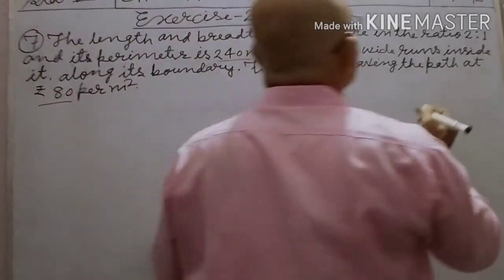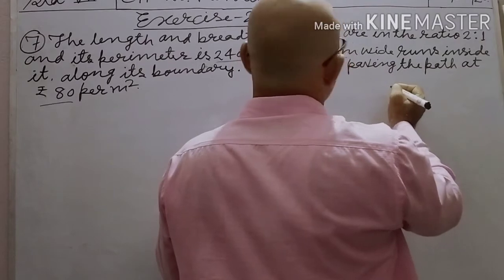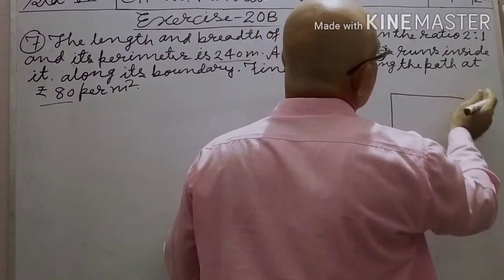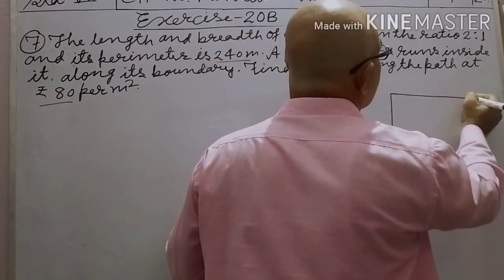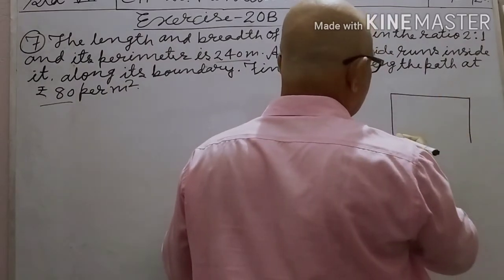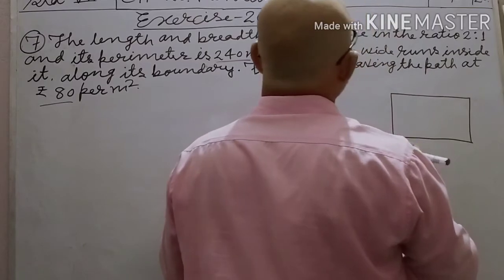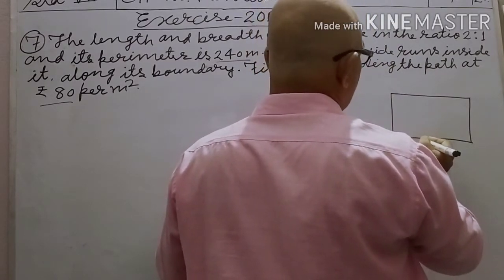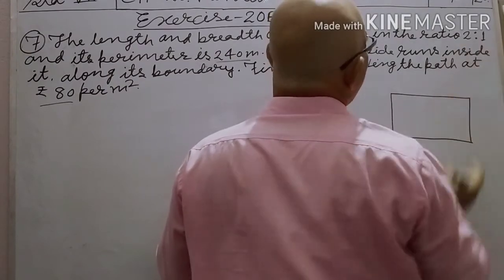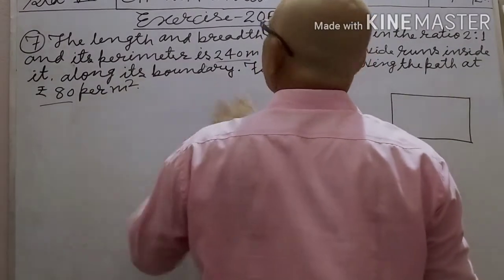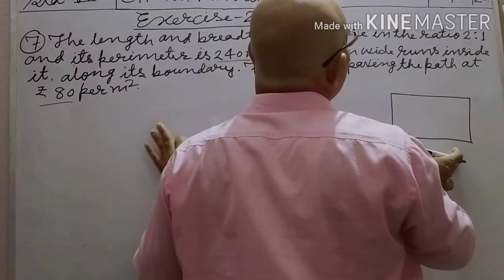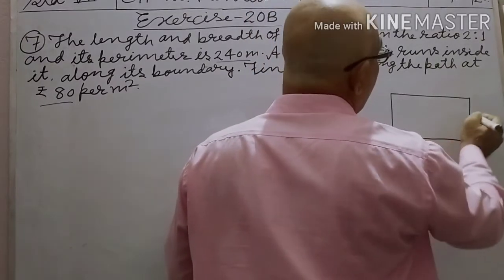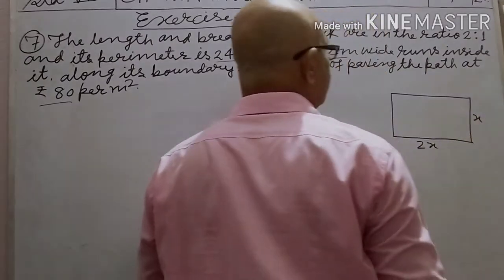Students, the length and breadth of the park are in the ratio 2:1. So let length be 2x and breadth be x.